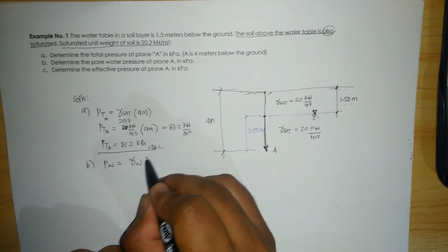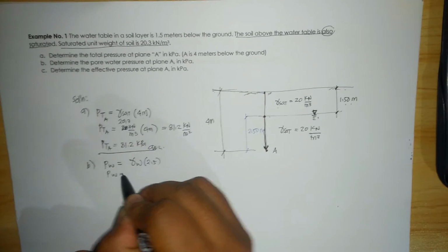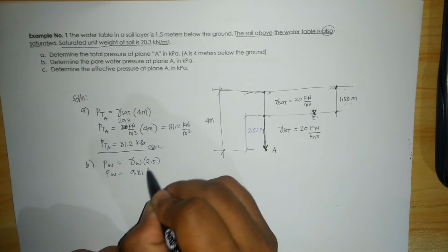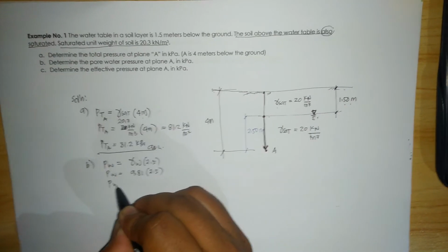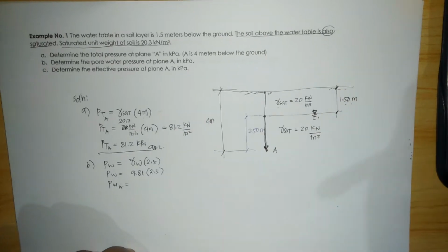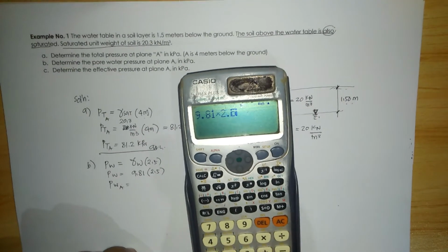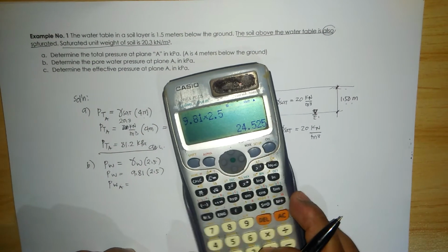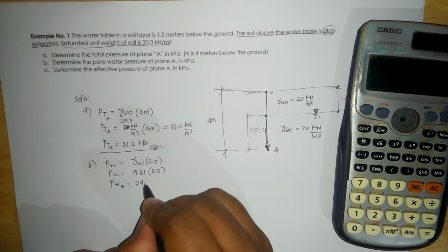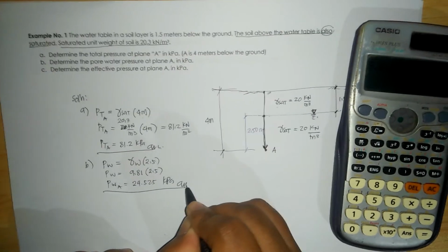Gamma of water times 2.5. What's the unit weight of water? 9.81 times 2.5, so pore water pressure at A is equal to 24.525 kilopascal. This one's our answer.